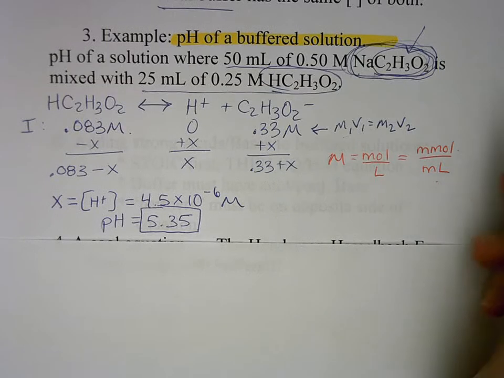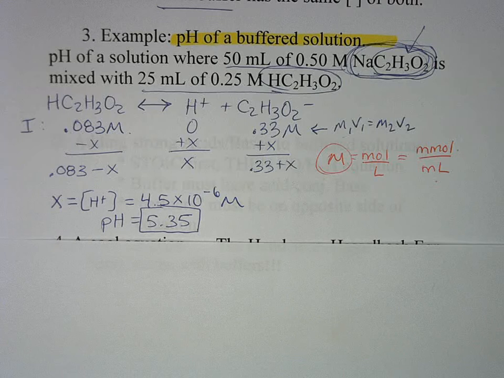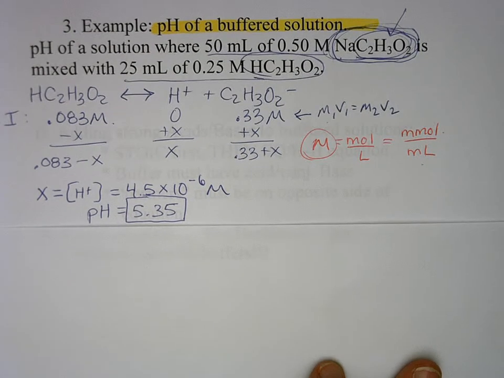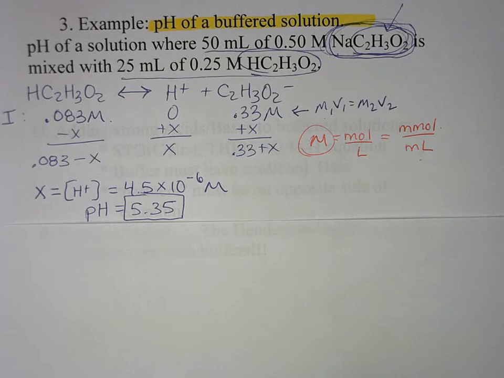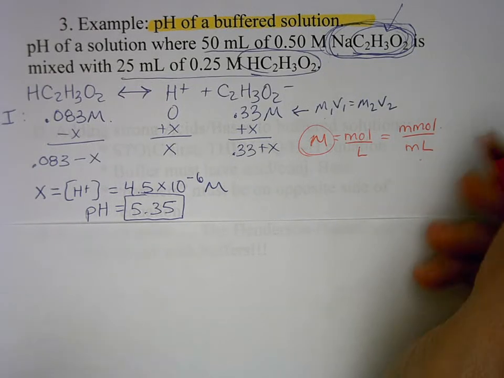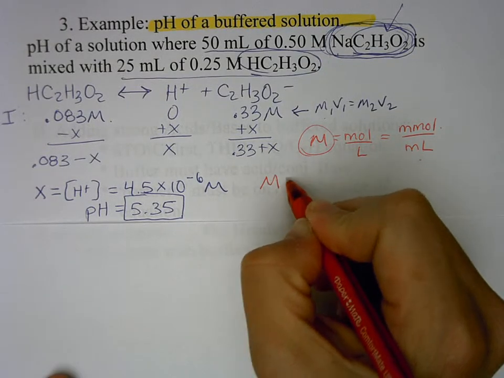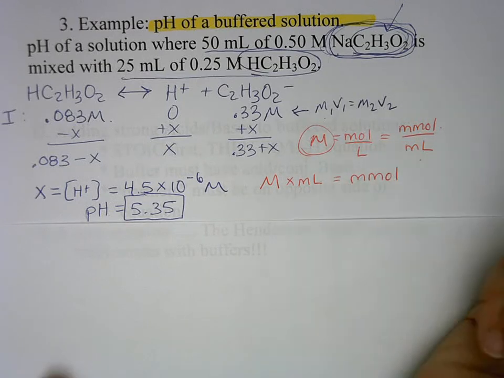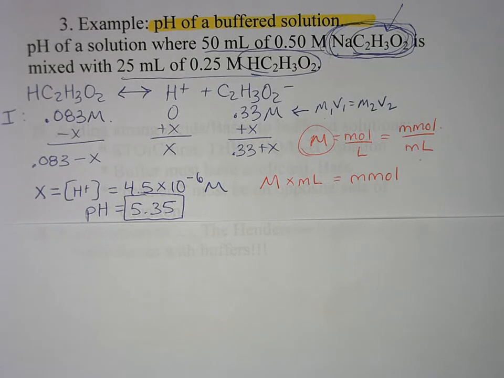So millimoles divided by milliliters is your molarity. And why that helps, it's going to be a shortcut in a minute. If I rearrange this to solve for millimoles, so molarity times milliliters equals the millimoles, it's going to help us compare some things without having to convert other things, which makes it shorter and easier to do.